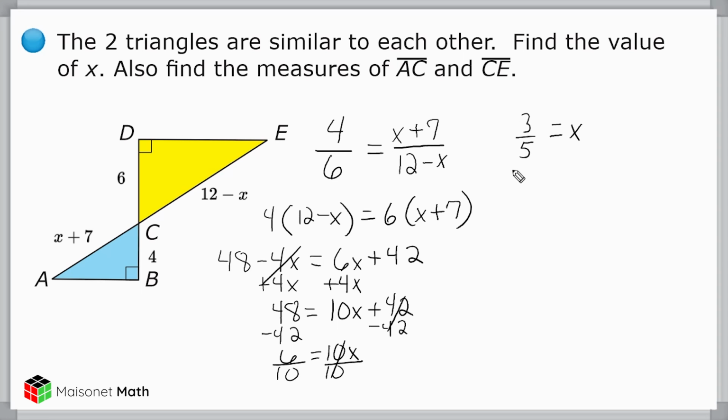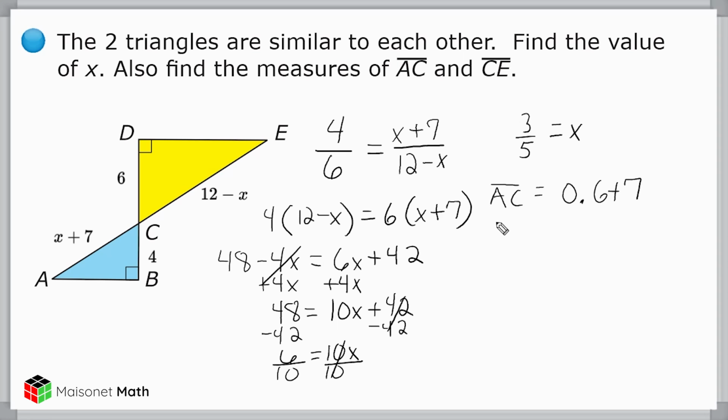All right, so the next thing that we're going to do is figure out what the distances are of line segments AC and CE. So we're going to take x plus 7, which is what AC is equal to, and we're going to substitute 3/5 in for x. Let's convert this to a decimal though. So I'm going to write it as 0.6 plus 7.